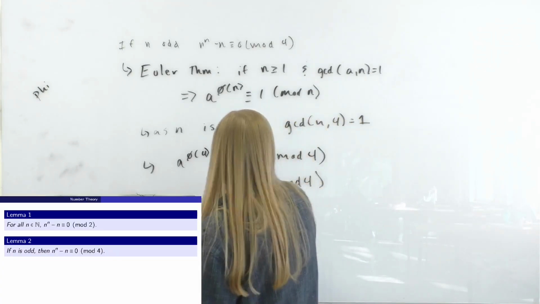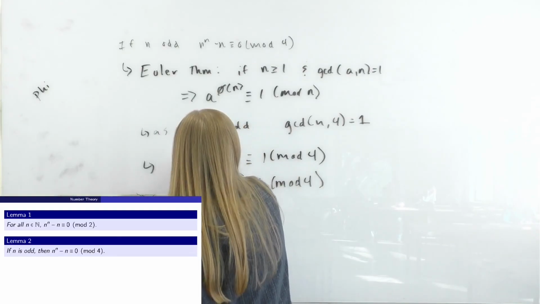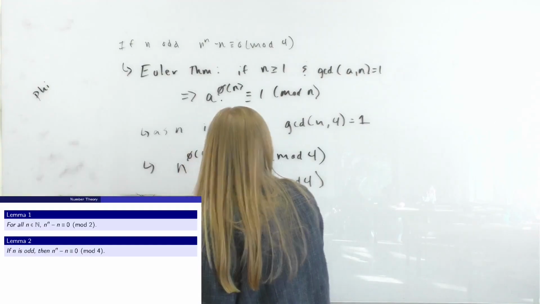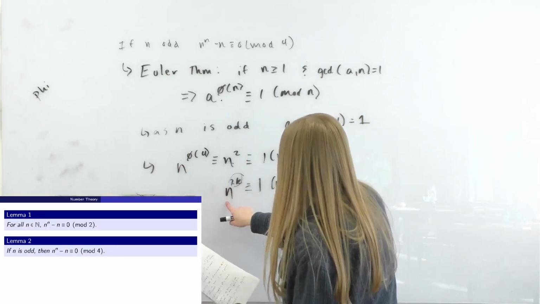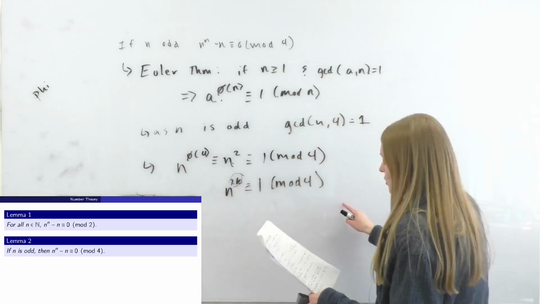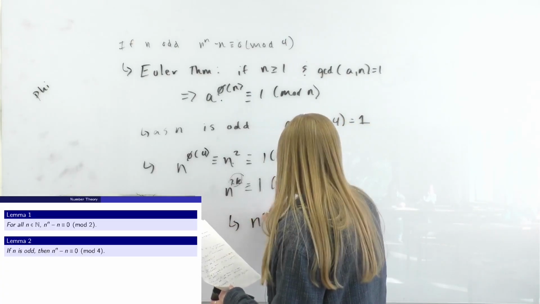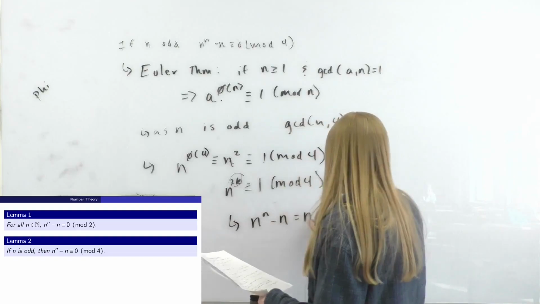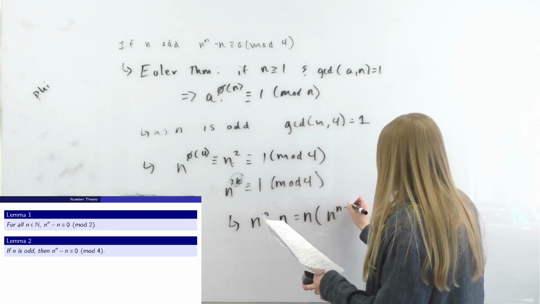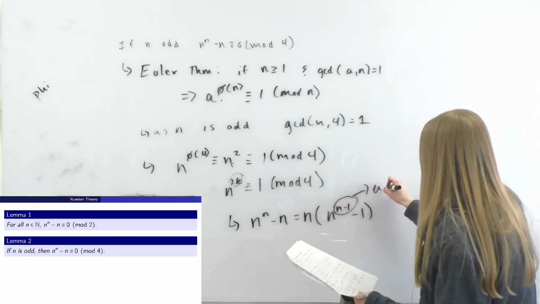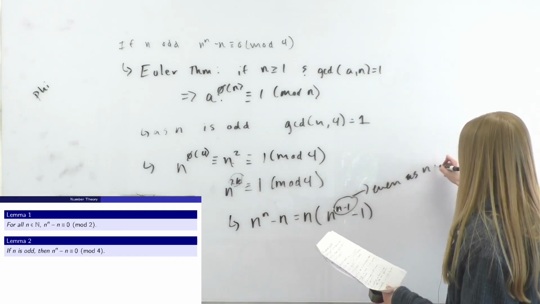This is supposed to be an n. Okay, much better. So we know that n to any even number is congruent to 1 mod 4. So we can write n to the n minus n as n times n to the n minus 1 minus 1. We know that n minus 1 is even as n is odd.